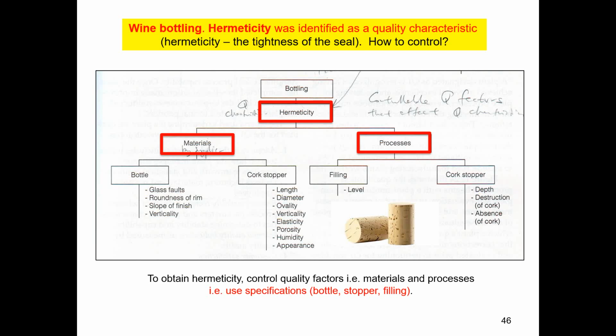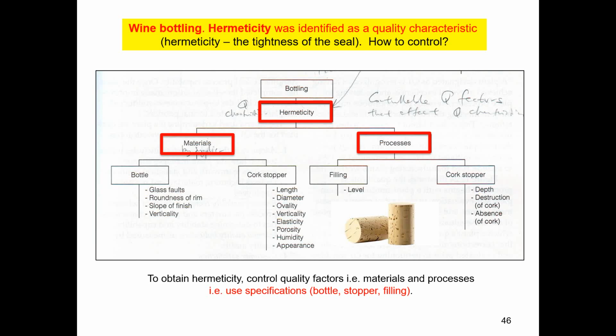And the processes, which are the filling of the wine, and also the use of the cork stopper. So in order to obtain hermeticity, the identified quality factors to be controlled are the materials, bottles and cork stopper, and also the processes of filling and the use of cork stopper.